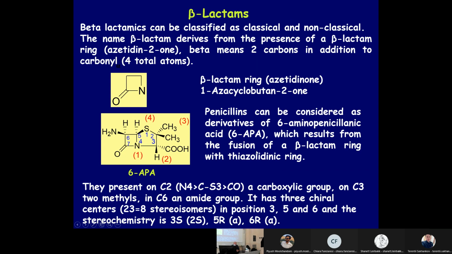Now, it is important to understand why the beta-lactam ring is so reactive. And so we can start to analyze the chemical features of the beta-lactams. Beta-lactam ring, you see, is a very constrained ring. 4 elements.